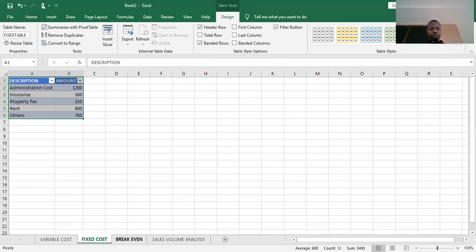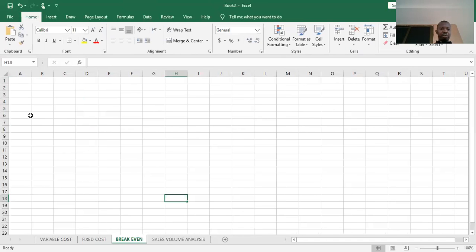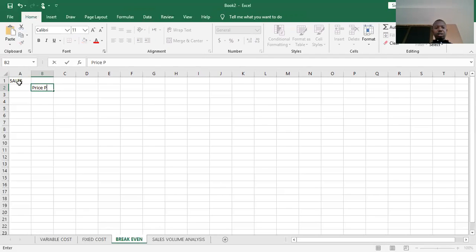The next session is to move to the break-even sheet to perform the analysis. And onto the break-even sheet, in cell A1, we have sales here. In B1, we have price per unit. And in B2, we have units sold. I go to A4.